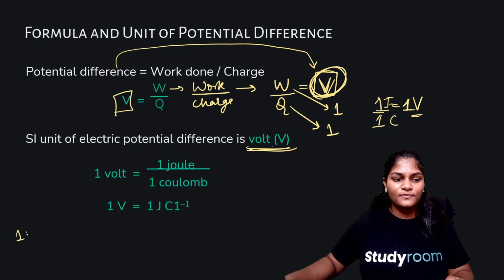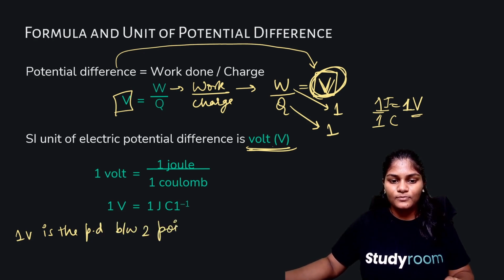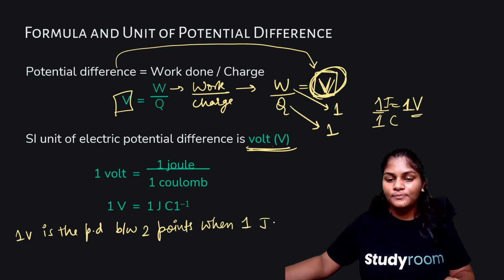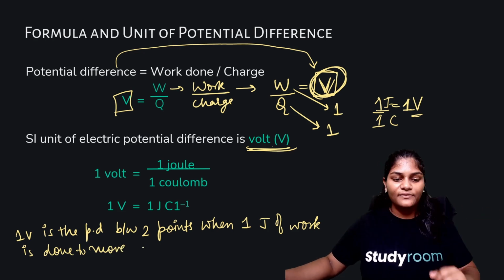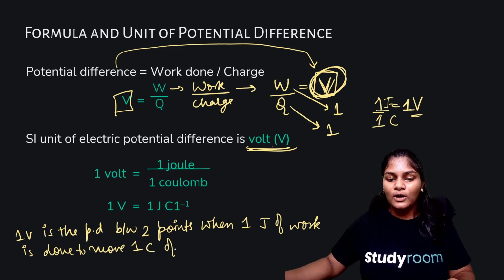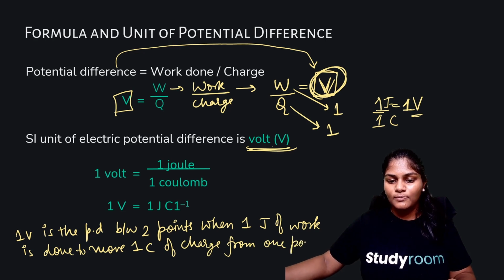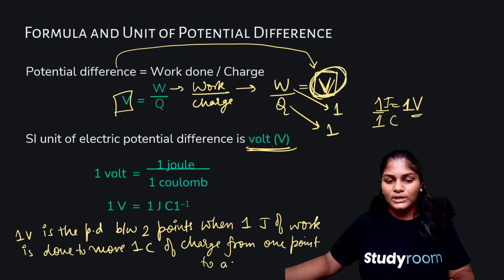So we say 1 volt is the potential difference between 2 points when 1 joule of work is done to move how many coulombs of charge? 1. We have taken everything as 1. To move 1 coulomb of charge from one point to another.